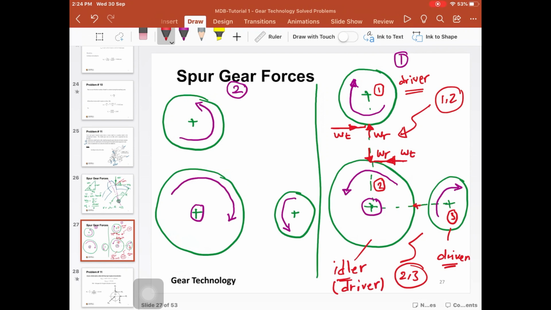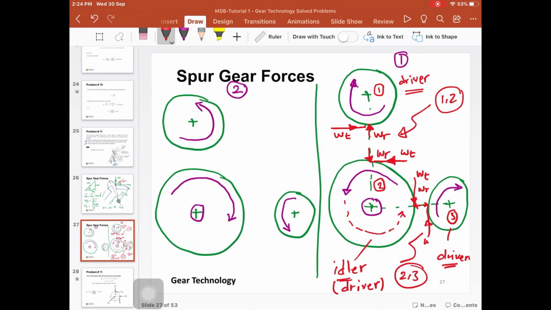Again, we have two separating forces Wr, which are equal and opposite based on Newton's third law. Then, because the idler gear in this gear set is the driver, the force Wt goes in the opposite direction to its rotation.